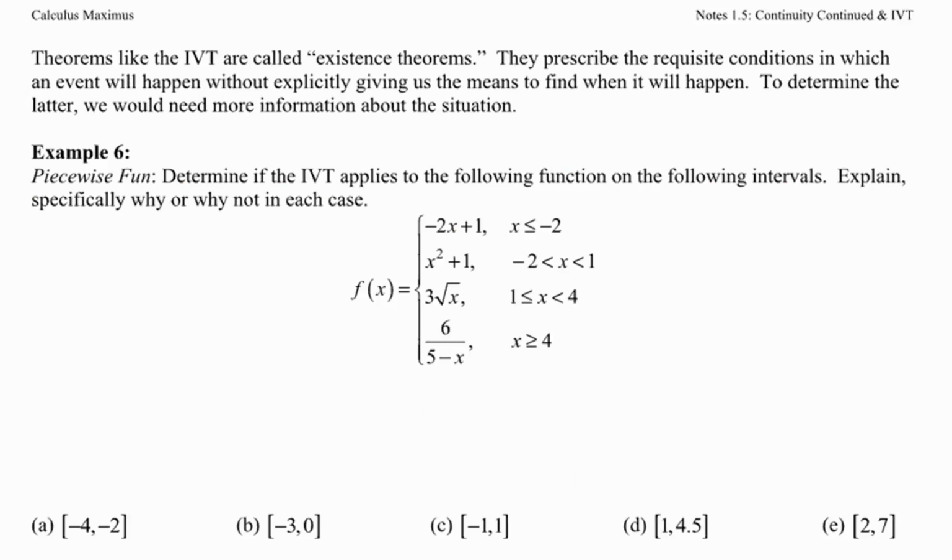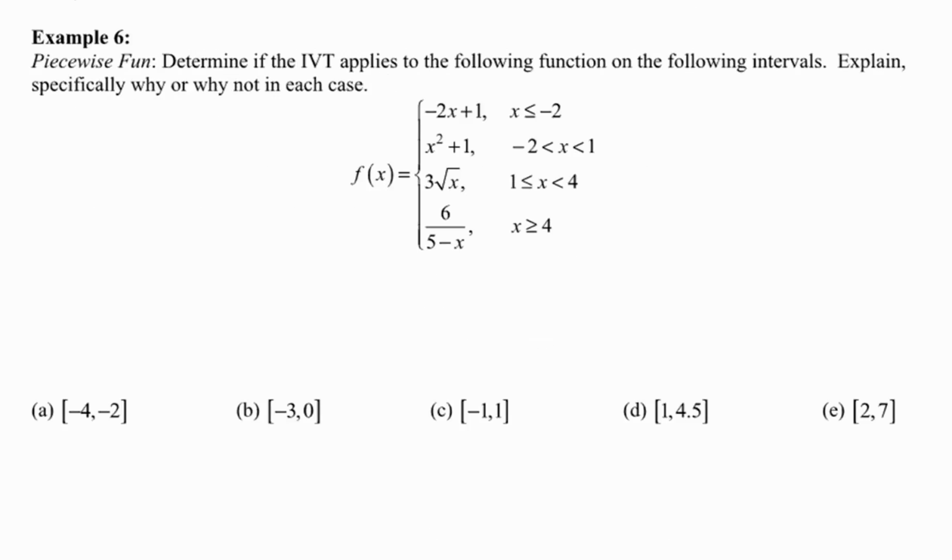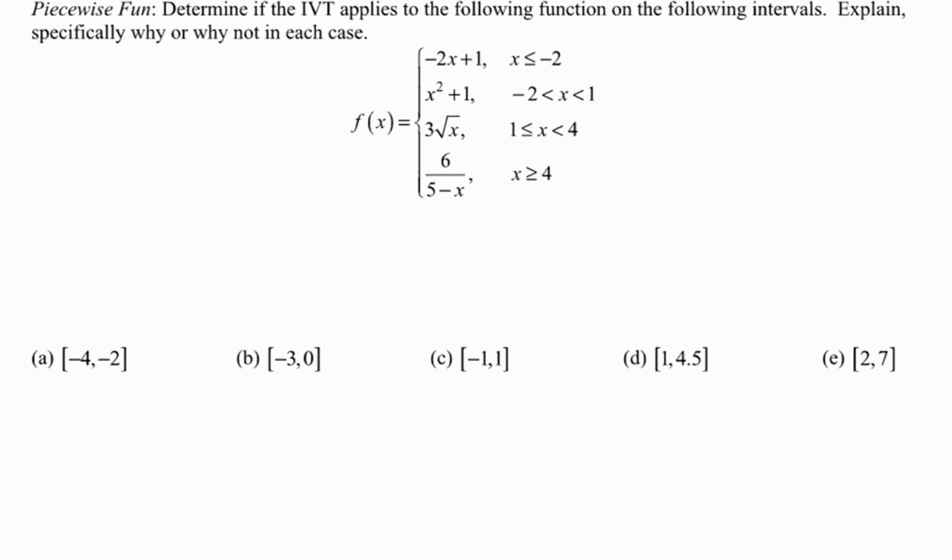Okay, we'll look at it with a nice piecewise function. We have to determine if the IVT applies at each of these intervals. I'm going to try to save myself time and figure out where it is discontinuous first. So if we evaluate the limit as x approaches -2 from the left, we get 5.